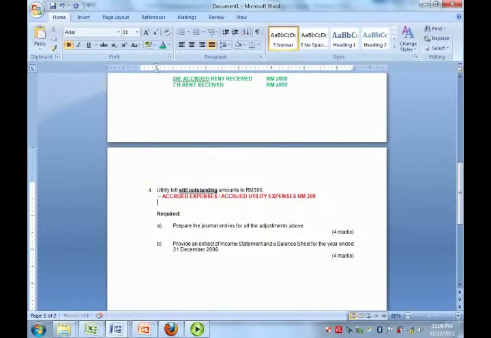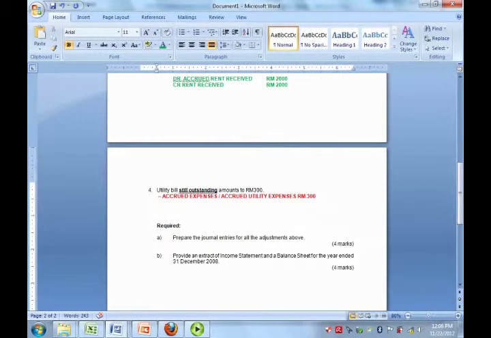Next, last class, last transaction, utility bill still outstanding. You have identified, right, as accrued expenses. When accrued expenses, first, accrued expenses, we must put it in balance sheet, correct? In the balance sheet, either current asset or current liabilities.